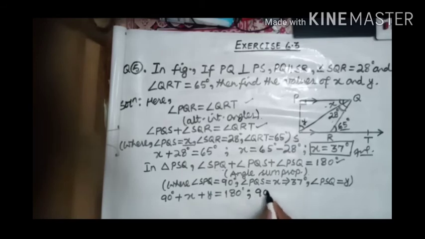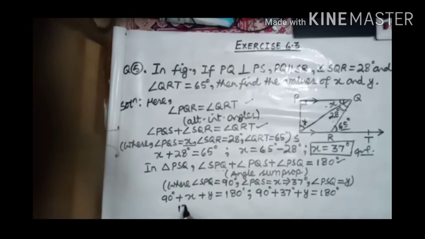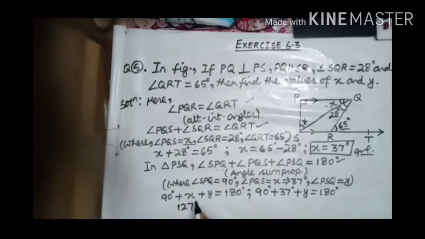So it is 90 plus, at place of x we use 37 degree, plus y equals to 180 degree. 90 plus 37 is 127 degree, plus y equals to 180.